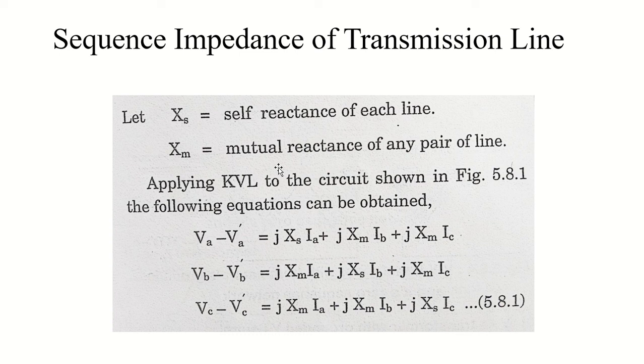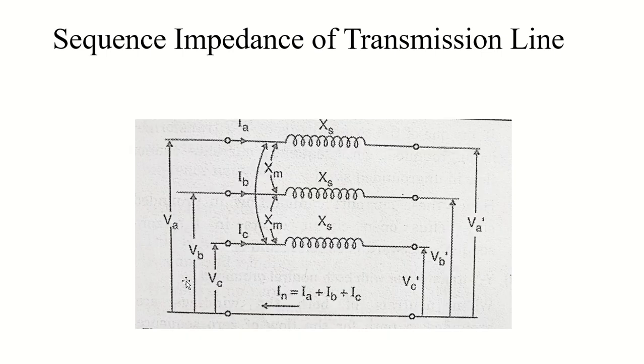Let's try to figure out the values of the sequence impedances for all three sequences. For that, let's take KVL in this circuit. When we apply KVL, tell me what will be the value of Va minus Va dash. It will be equal to the current multiplied by its reactance. But it is not that simple, because we have not only self reactance but also mutual reactance.